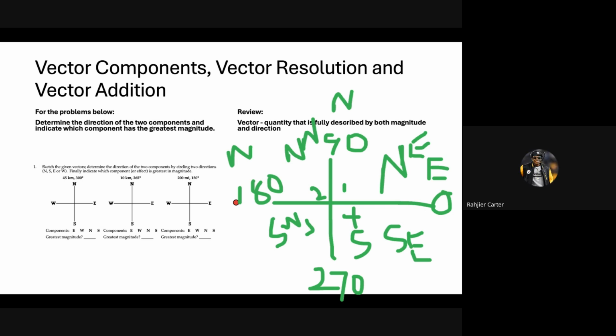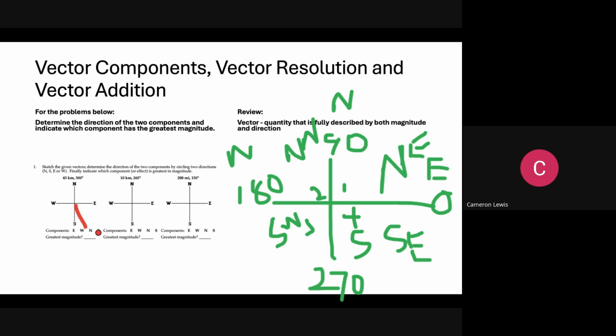The S, because it's closer to the S, so it should be near the S. So let me try and draw a line close to the S, right? Oh, that was off. Hold on. So I'm going to draw it closer to the S.